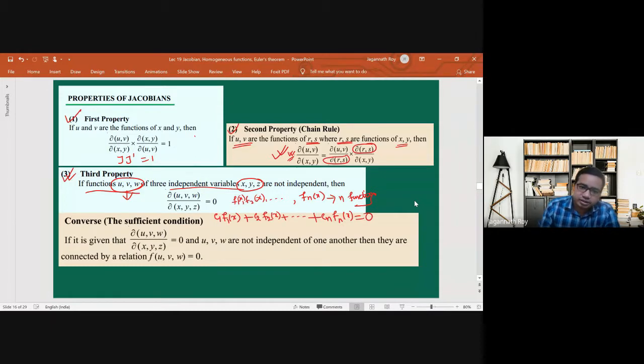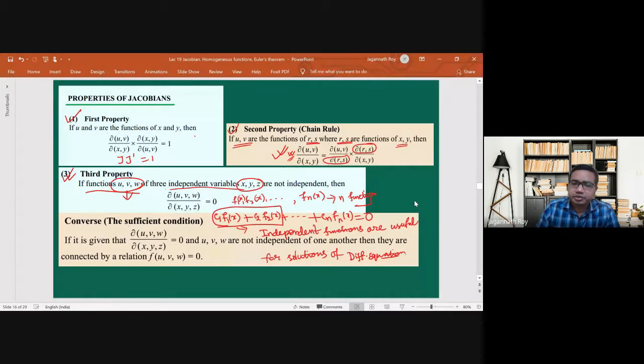Here it is functions; earlier we have seen vectors. This idea, independent functions, is useful for solutions of differential equations.